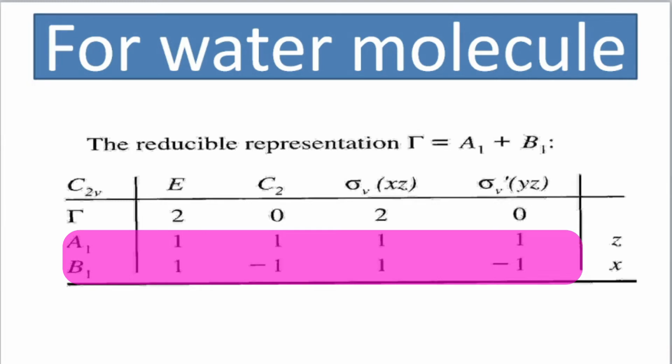These A1 and B1 are the irreducible representations obtained from the group orbitals of hydrogens, and those are LCAOs. So the symmetries of the LCAOs from group orbitals of hydrogen, the peripheral atoms, are A1 and B1.